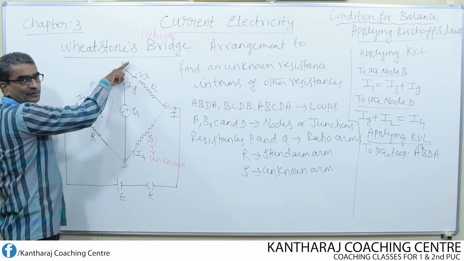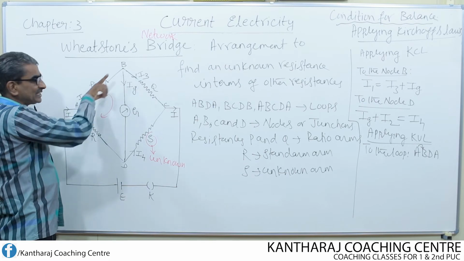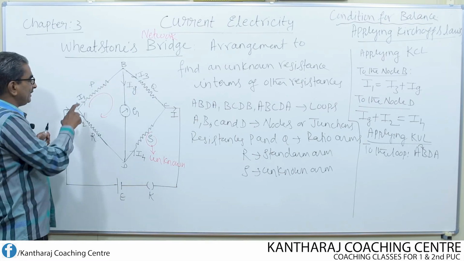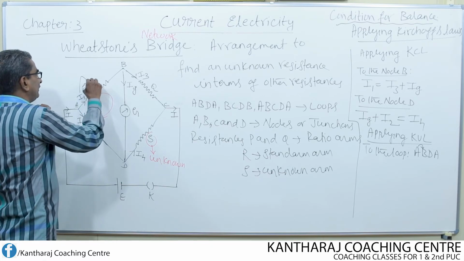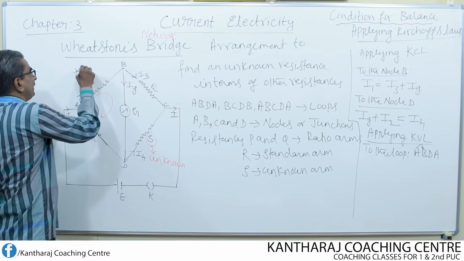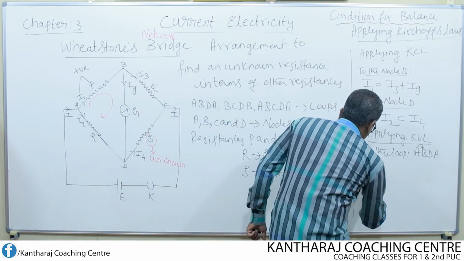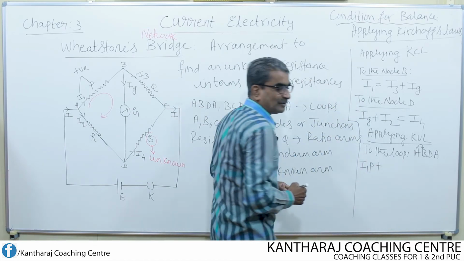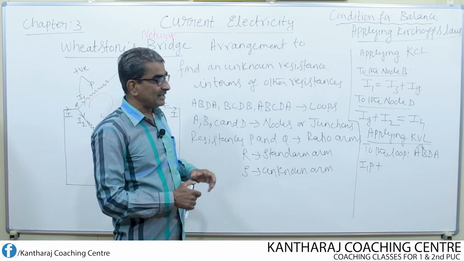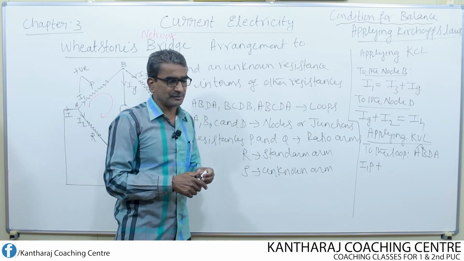My direction of traverse and the direction of flow of current are one and the same. Therefore, the IR product of this branch, I1 into P, should be positive. So, I1 into P, positive, plus what is the statement of Kirchhoff's voltage law? Algebraic sum of IR products should be equal to the sum of EMFs.